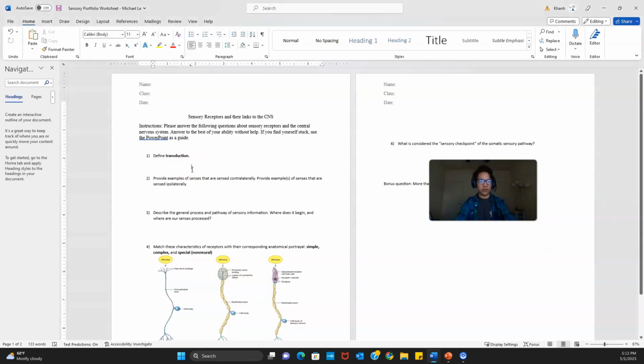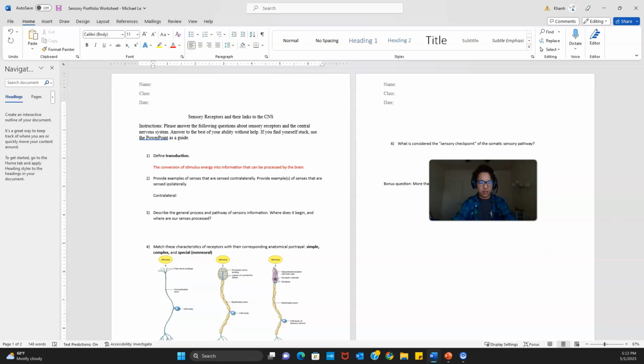Define transduction. Transduction is the conversion of stimulus energy into information that can be processed by the brain. Done. Provide examples of senses that are sensed contralaterally, and also provide examples of senses that are sensed ipsilaterally.